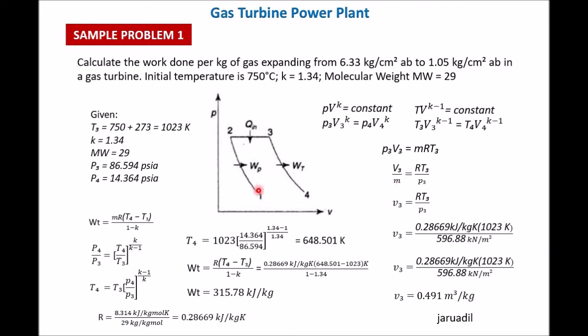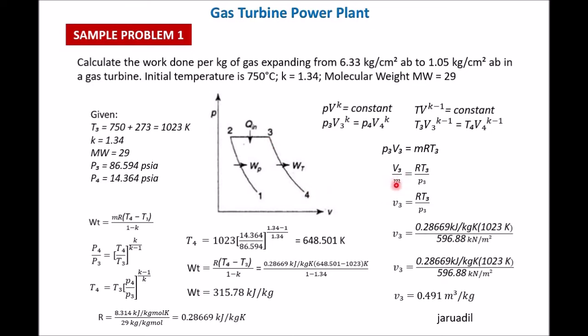So, ang M1 is equal to M2 is equal to M3 is equal to M4 kasi mass yan. Tatandaan nyo, mass yan. So, wala naman kasing naghalong mass na iba. So, kung ano yung nasaksyon ng compressor, yun ang dumaan sa 2, yun din ang dumaan sa 3, at yun din ang lumabas. So, that is the mass of air.